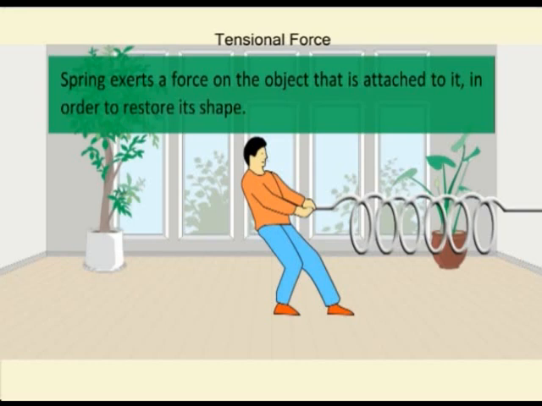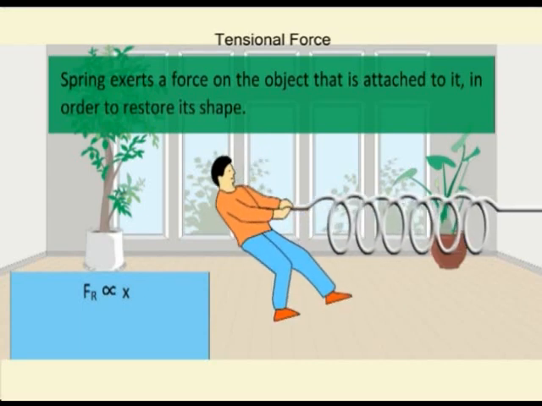When no force is applied to the spring, the length of the spring in its relaxed state is called its natural length. The restoring force of a spring is directly proportional to the deformation length. Here, the guy pulled the spring by a distance x and the natural length of the spring is L0.